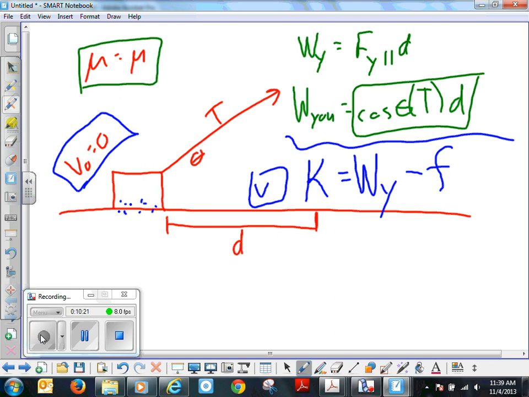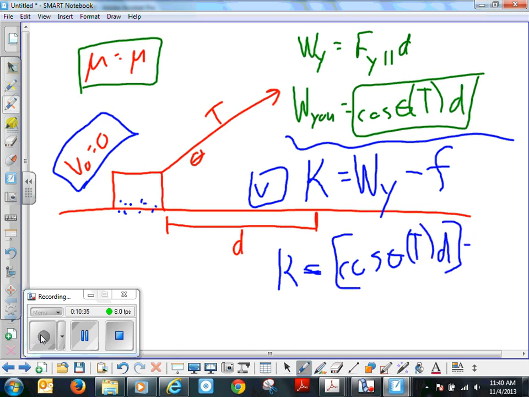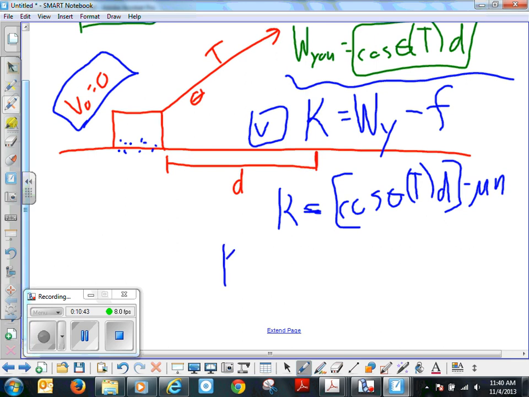Okay, so in this case then, kinetic energy is cosine theta T d minus coefficient times the normal. Is that good enough? No. We have to break that down. Kinetic energy is here. Finish this expression for me.